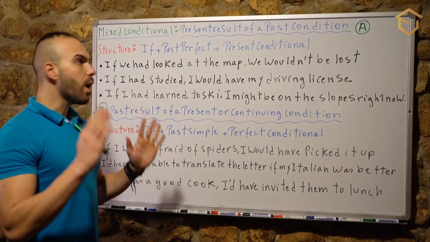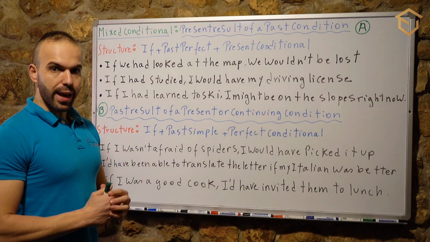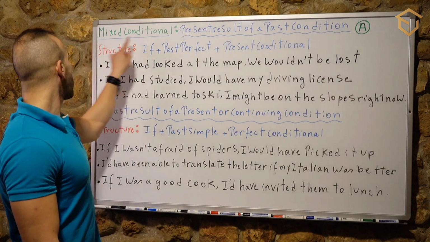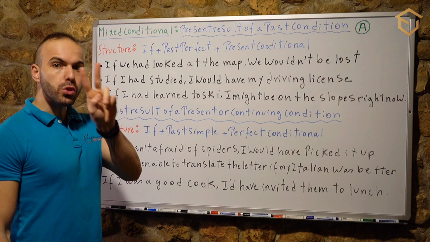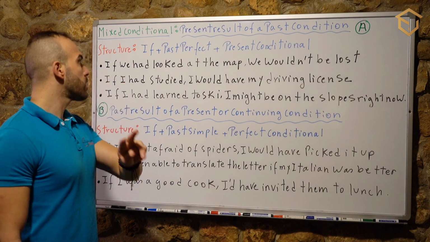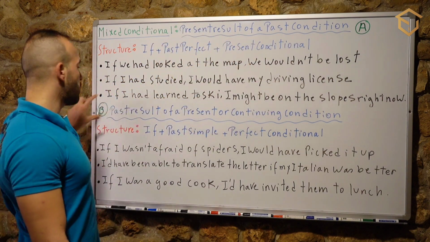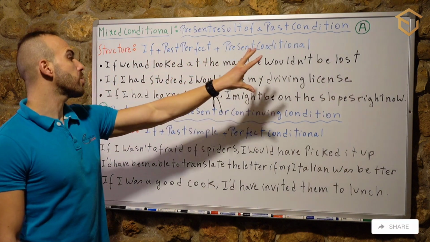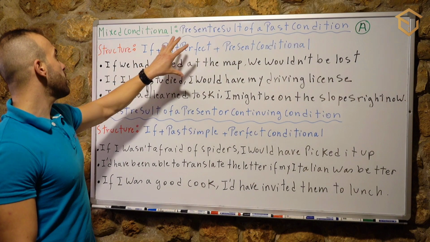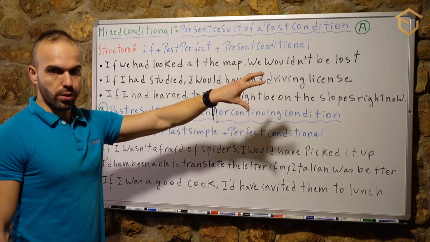Moving now to the last part of conditionals, and that is mixed conditional. As you can see, mixed conditional is composed of two categories, A and B. I'm going to start by explaining the first type, A, which is present result of a past condition.